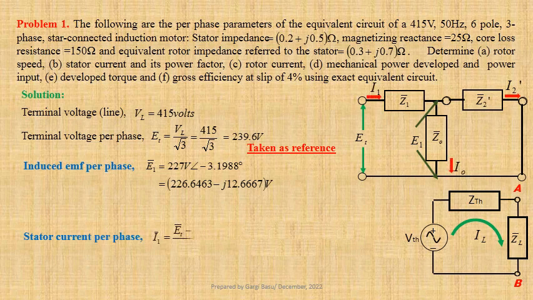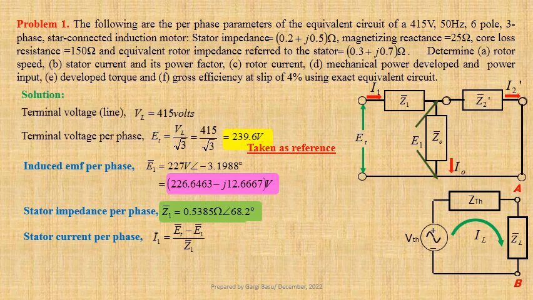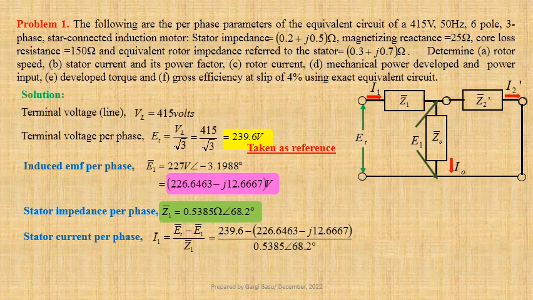Now we shall compute stator current per phase. I1 equals (Et minus E1) divided by Z1. We have computed stator impedance per phase Z1 equals 0.5385 ohm at an angle 68.2 degree. Using values we get I1 equals 239.6 minus (226.6463 minus j times 12.6667) divided by 0.5385 at an angle 68.2 degree.